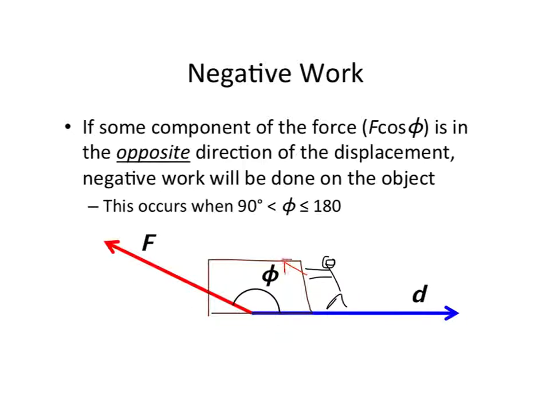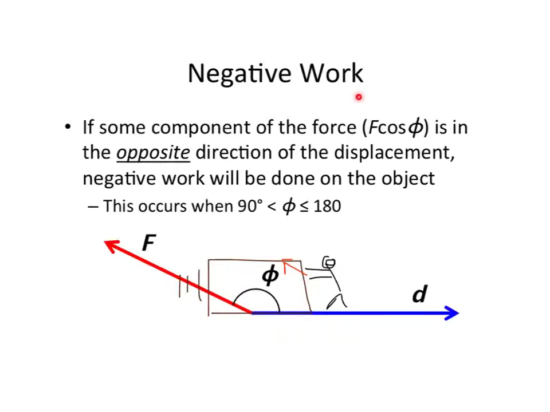So he's applying a force, kind of like that. All right, the box is still moving in this direction, still moving towards the right. Okay, but what are his efforts doing? Well, he's causing the box to slow down. He's pushing against it. He's applying a force in direction F right there, but the box is still moving this way, so he's doing negative work on this box.